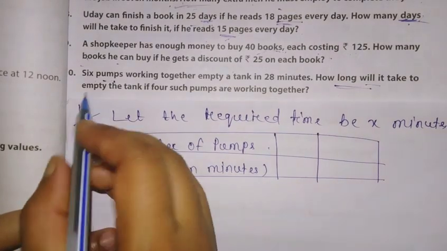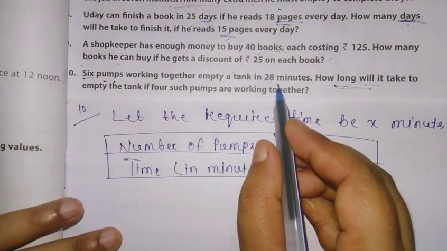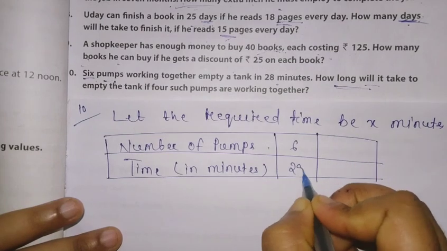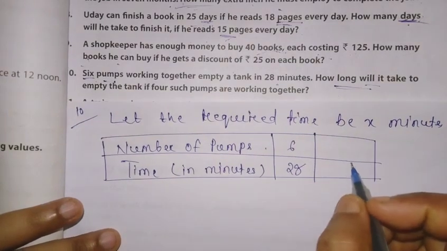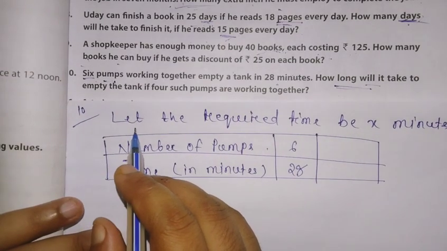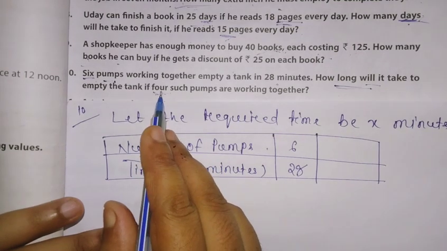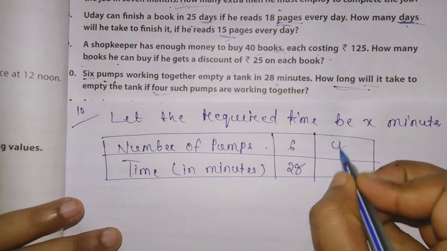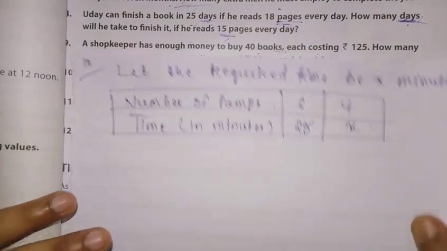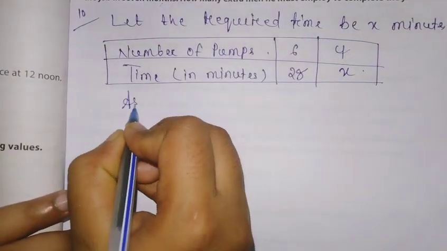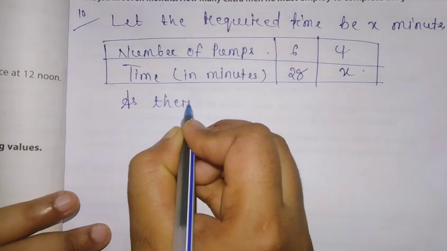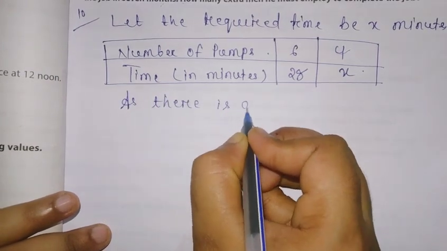Then write 6 pumps, 28 minutes. Then 4 pumps, x minutes. As there is an inverse variation.